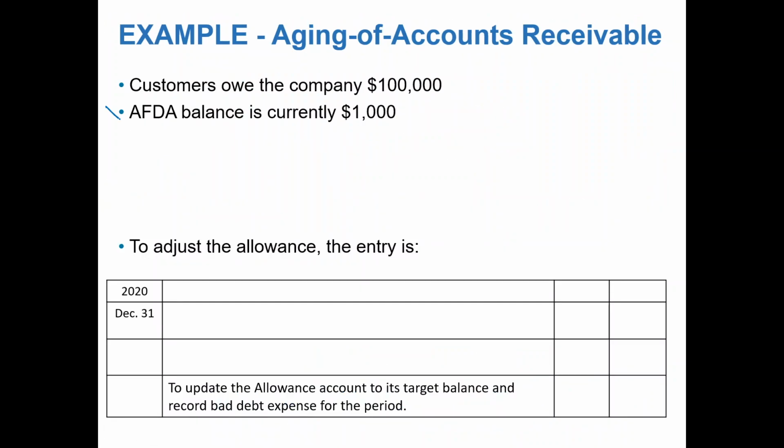And it's telling us now that the AFTA balance is currently at $1,000. So from the previous year, we already have this amount sitting in the account of $1,000. So now we need to provide the adjustment at the end of the year. But first, we need to figure out the amount that we will use.